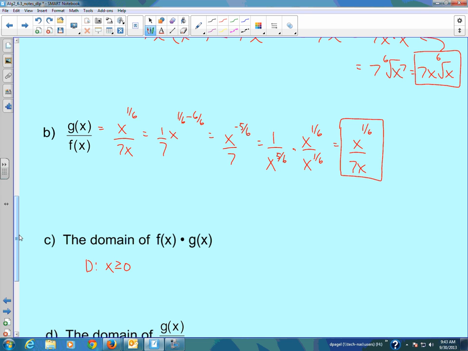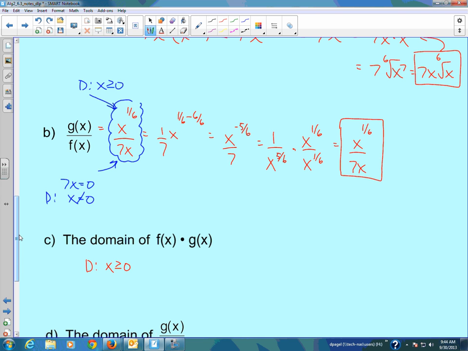All right. And again, taking a look at the originals before I did any simplifying of this quotient. Here we had a domain that said it had to be zero or greater. Here, again, 7x equal to 0, x equals 0, so x cannot equal 0 would be the domain of the denominator, because I can't divide by 0.